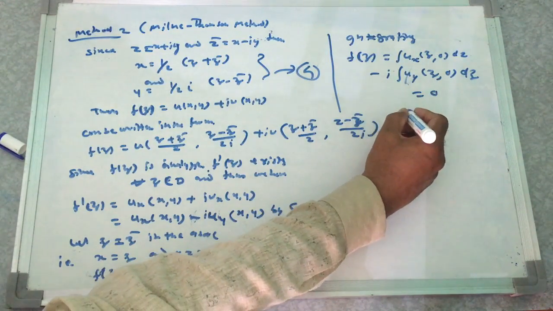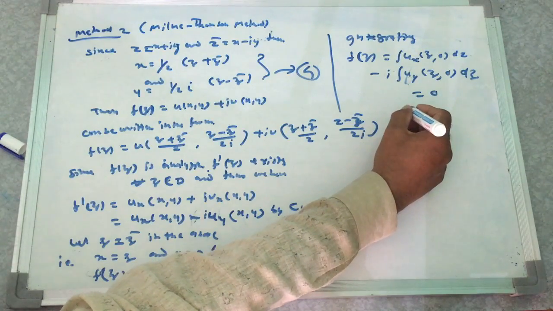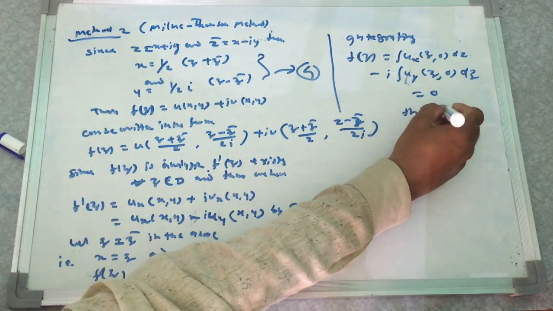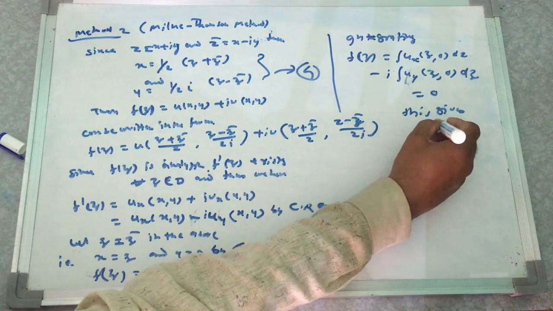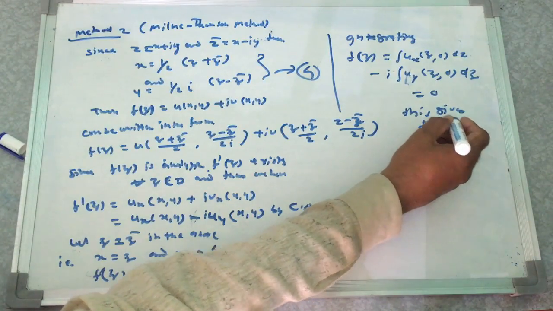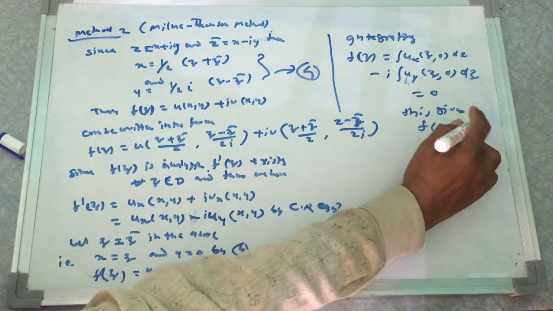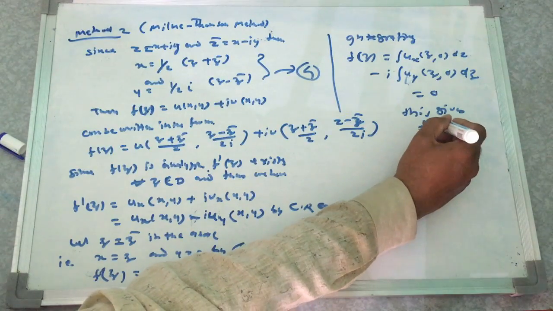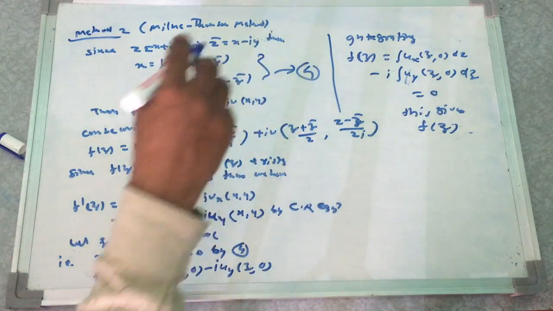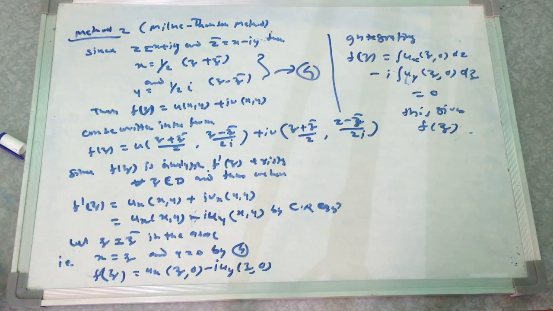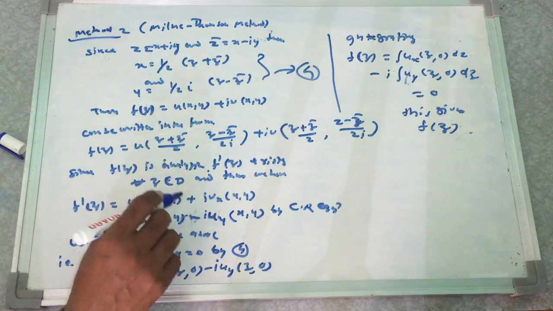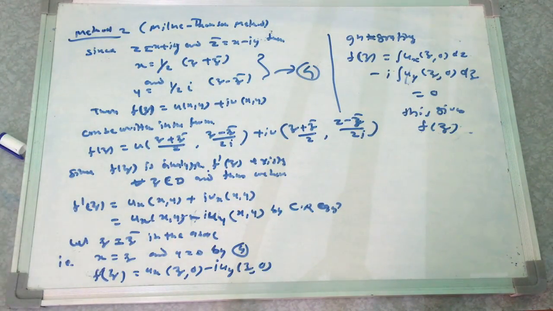So this gives f of z. This is the Milne-Thomson method, method 2.